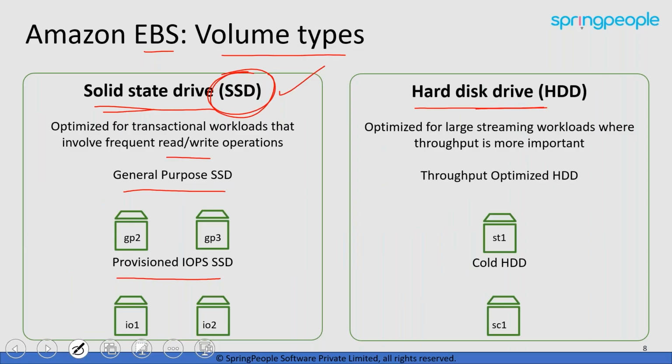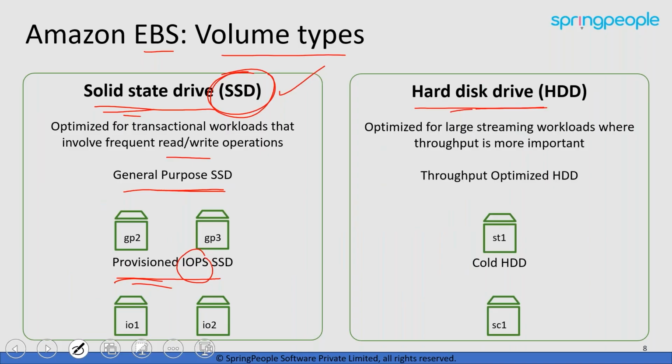But if you are planning to run workloads which need good speed, that is input output operations per second, and you want that IOPS to be very high, then go for provisioned IOPS. Here you can actually mention what input output operations per second you need for your workload. So general purpose SSD and provisioned IOPS SSD are the two types of volumes available in the solid state drive category.